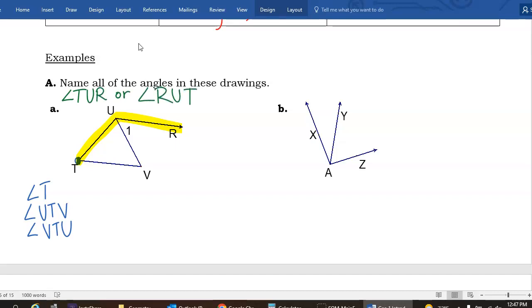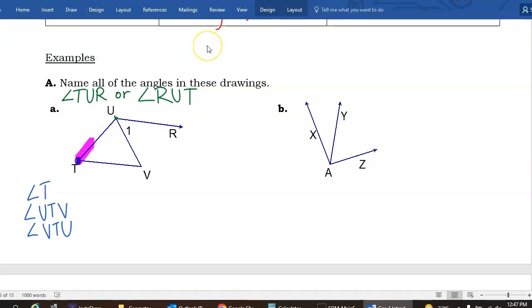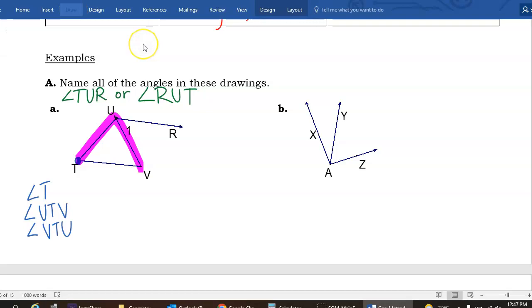Forwards, backwards doesn't matter, but the U is at the vertex. So let's try the angle on the side here. Still has U as a vertex, but I'm going to call that angle VUT or angle TUV. Forwards, backwards, doesn't really matter.